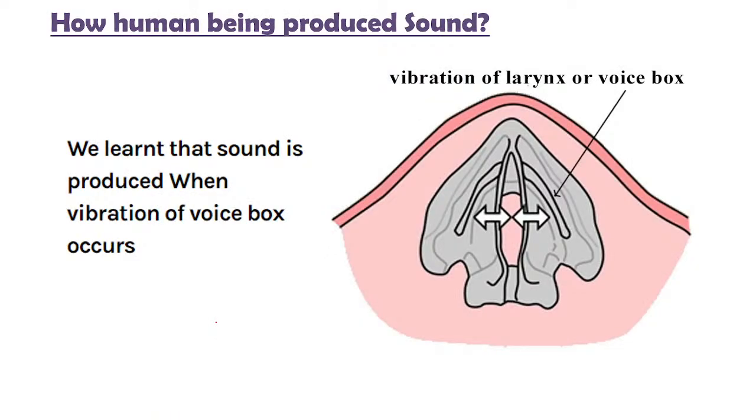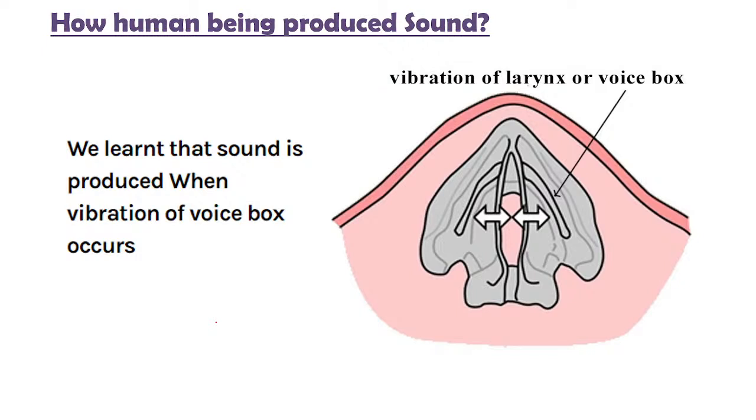Let us now try to understand how human beings are able to produce sound. That's very interesting, right? The human sound is the sound which we hear the most, isn't it?